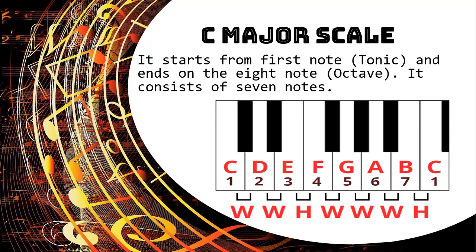But from E to F, that will give us a half step. From F to G, that is a whole step. From G to A, that is a whole step. What about from A to B? Is it a whole step or a half step? Yes, it's a whole step. Then from B to C, that is a half step.